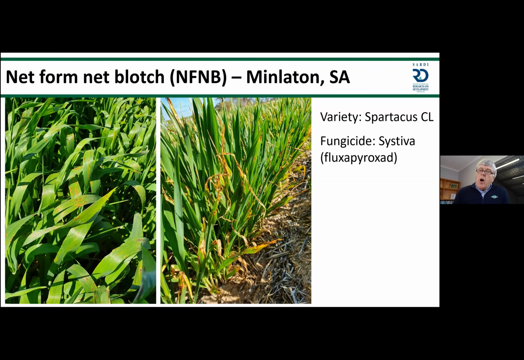This was highlighted to the state pathologists, Hugh, Wayne and Tara, and they actually responded, got CCDM involved, and it resulted in over 400 isolates being sampled across the Yorke Peninsula.